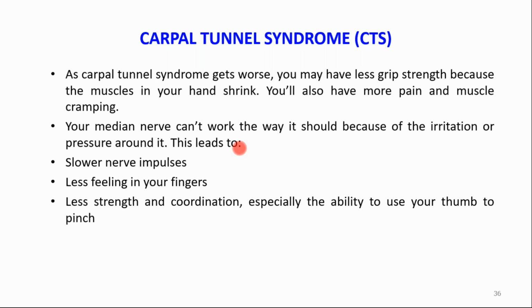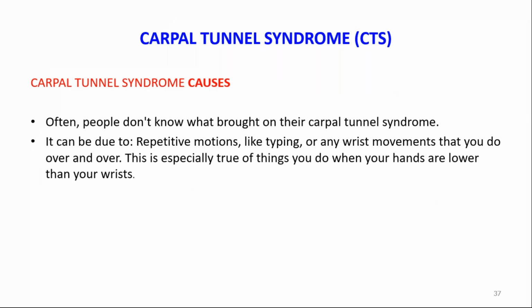This leads to slower nerve impulses, less feeling in your fingers, and less strength and coordination, especially the ability to use your thumb to pinch, right? So these are the different symptoms of CTS.